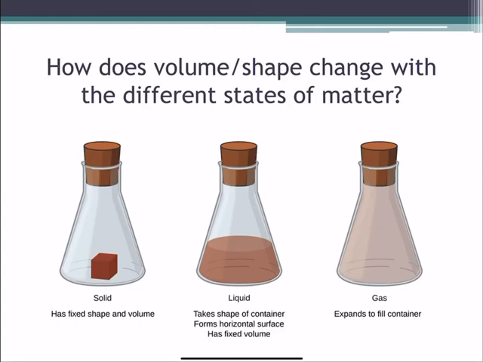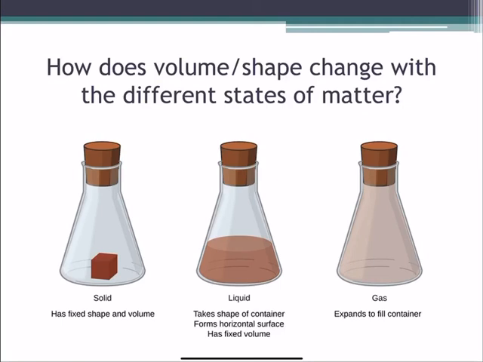In the second container, we have a liquid. Think about filling up a circular container versus filling up a square container. Is that container going to change the shape of the liquid? It will, right? Depending on the type of container you put it in, the shape of the liquid conforms to the shape of the container.